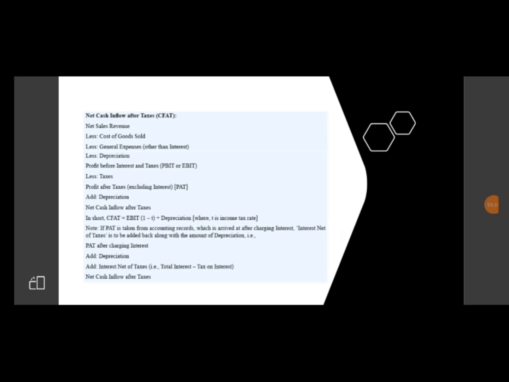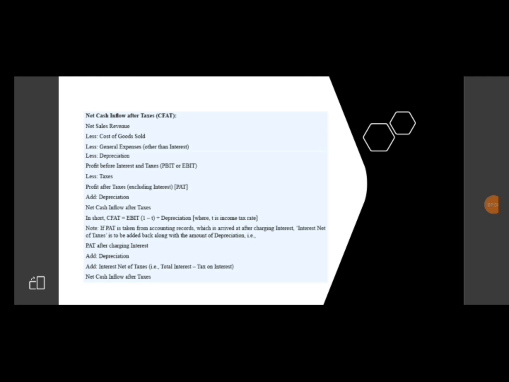What we have discussed is given here. Cash inflows can be found using three values. If net sales is given in the question, we have to deduct the cost of goods sold, general expenses and depreciation to arrive at PBIT.